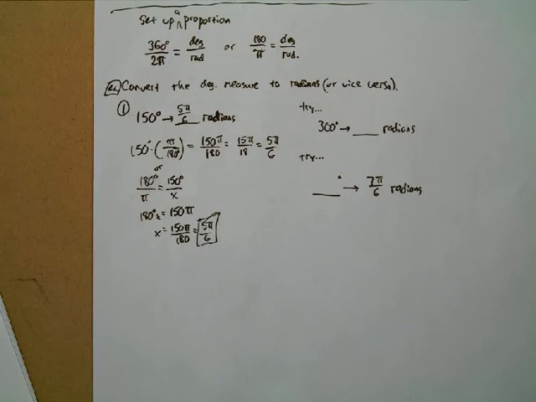Okay, so volunteers for the first one there. 300 degrees is how many radians? James? 5 pi over 3. 5 pi over 3, very good. And then 7 pi over 6 radians is how many degrees?